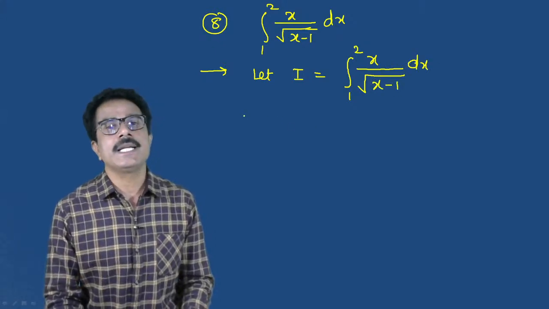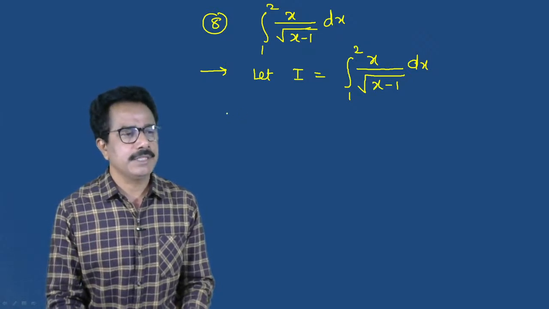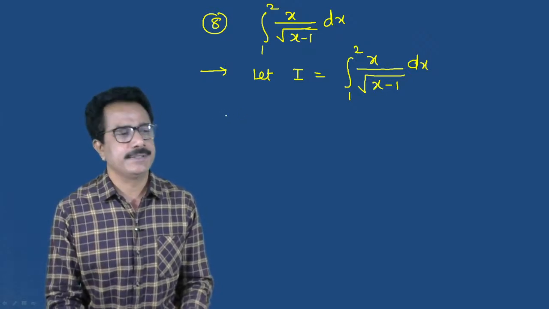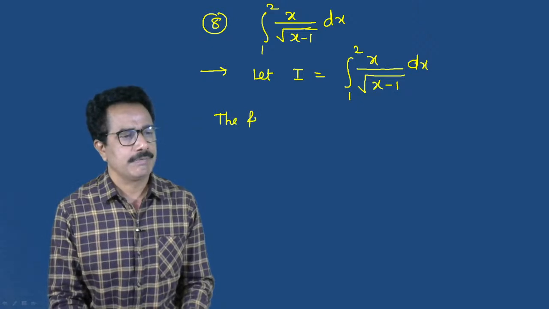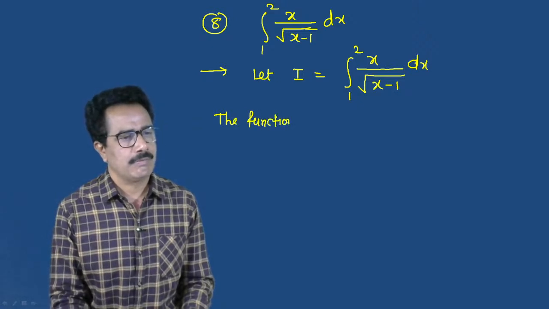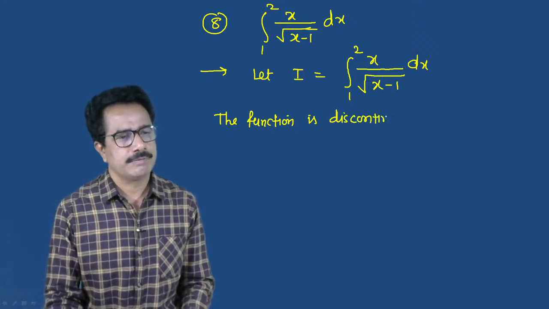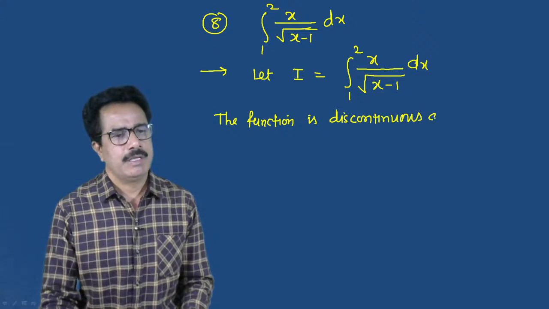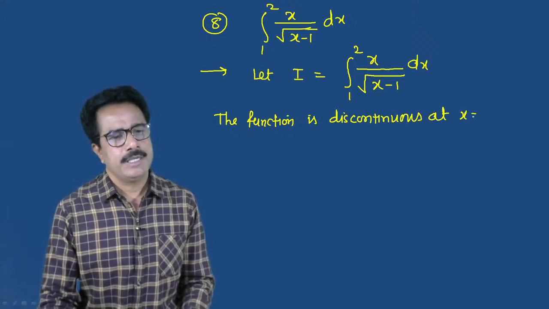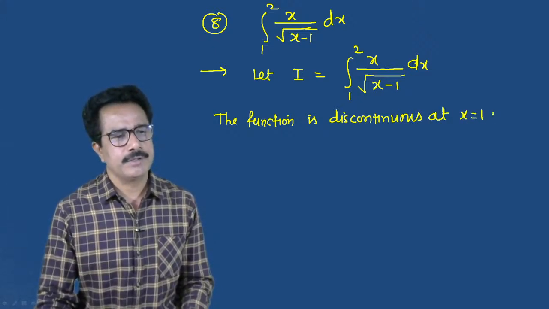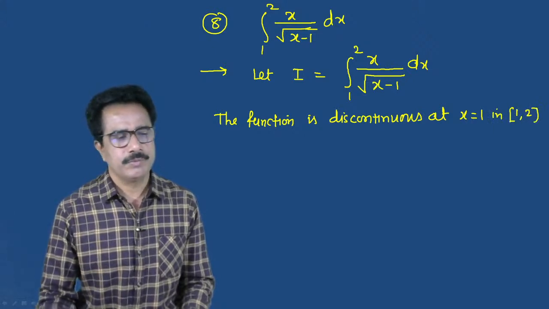Now the integral is improper, the function is discontinuous at x equals 1 in the closed interval 1 to 2.